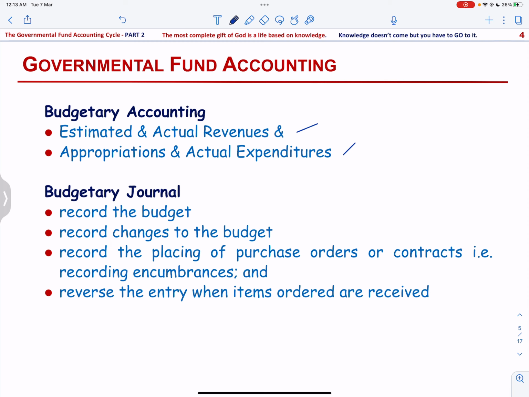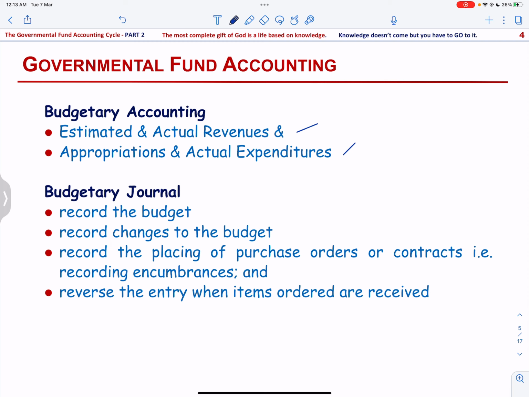Recording budgeted and actual revenues, as well as appropriations and charges against them, also provides the data needed to cut down the expenditures in case they analyze that the actual revenue collection may fall short.